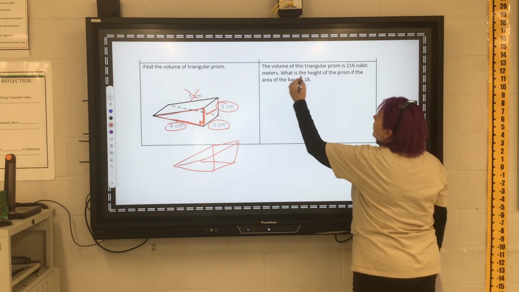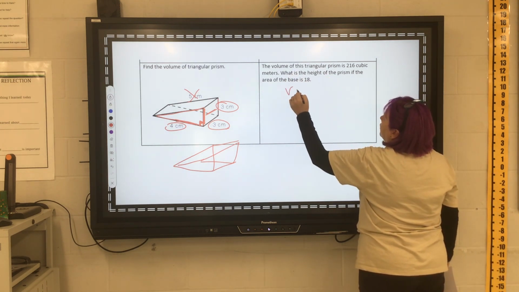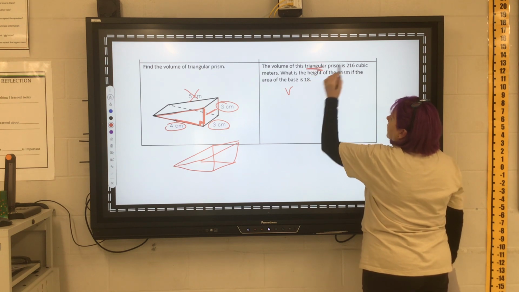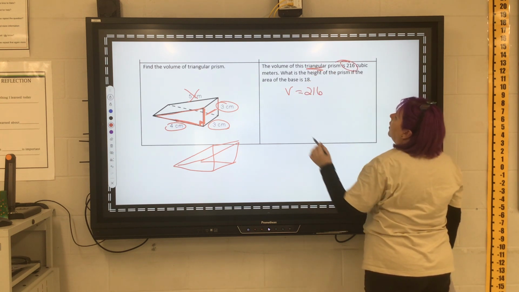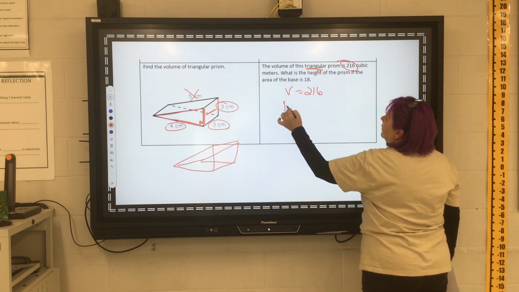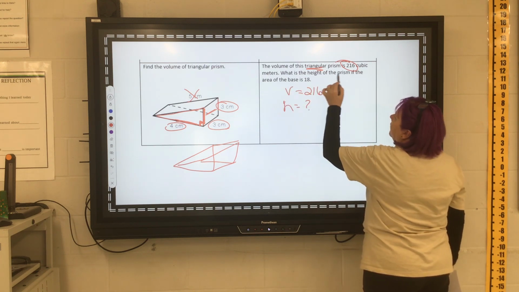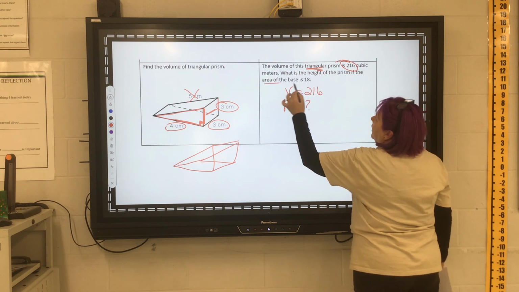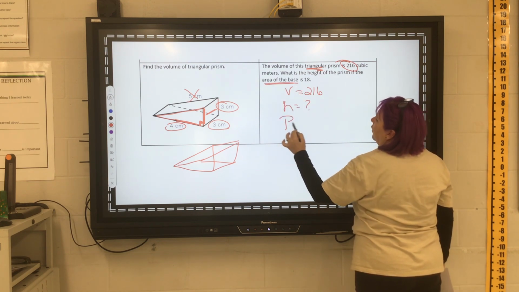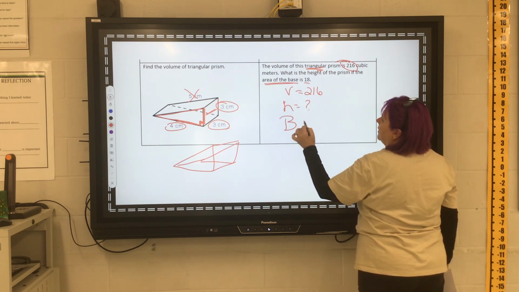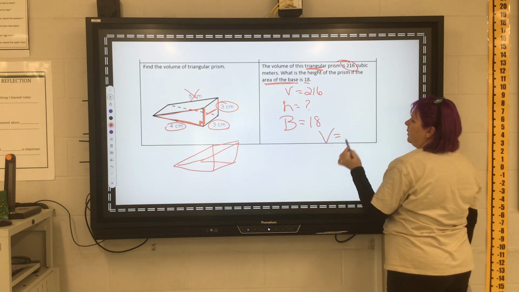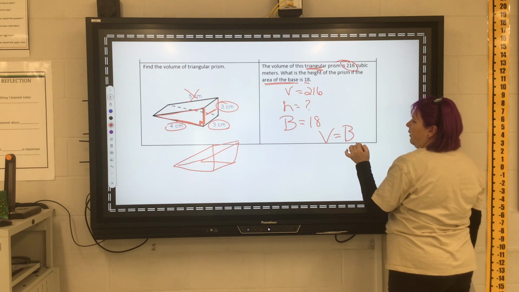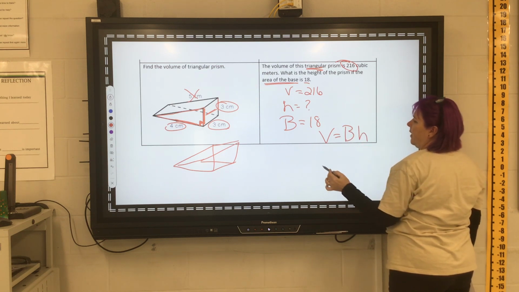In this one, the volume of the triangular prism is 216, okay? What is the height of the prism if the area of the base, that would be our great big B, is 18? So once again, we've got volume equals big B, area of our base, times height.